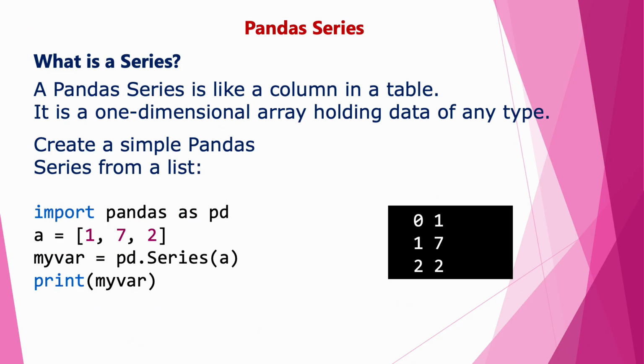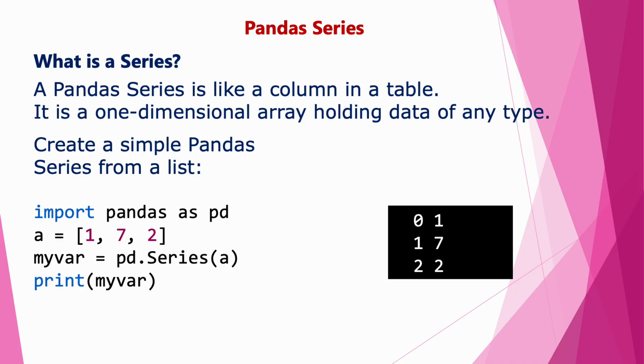So we'll just see what is a series. Here is a series being created. As I mentioned, a series is nothing but a one dimensional array holding data of any type. It can be integer, float or string, whatever it may be. So the first thing that you are going to do here is import the pandas library as pd.